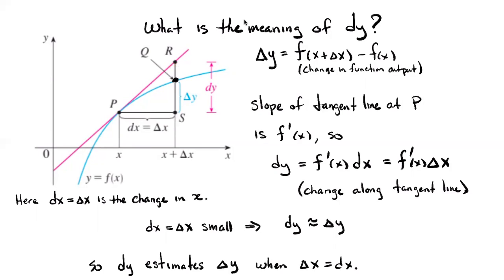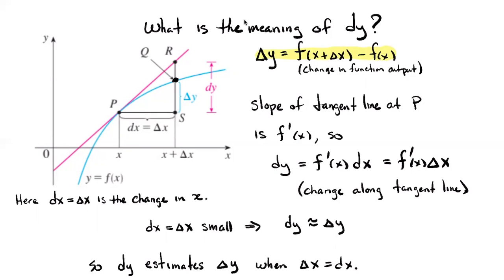And then a new variable. I know the notation's getting a little heavy, but it's kind of fun. A new variable, delta Y. That's the change in the function value. You can see it in the picture there, drawn in blue.